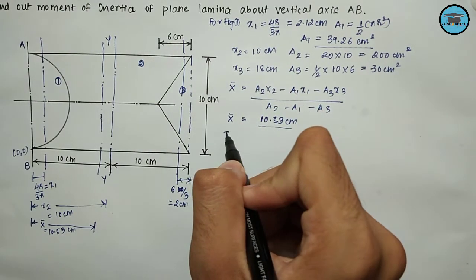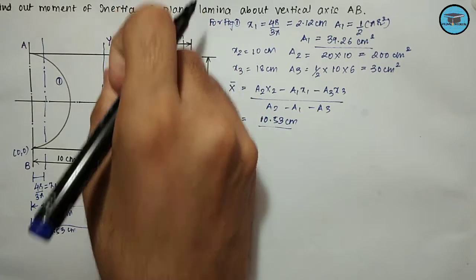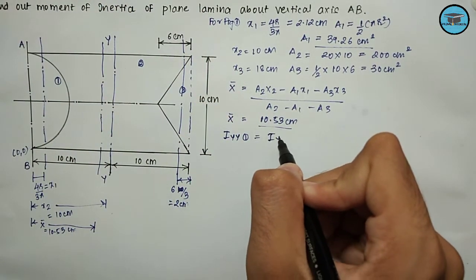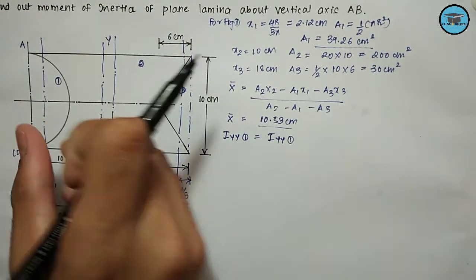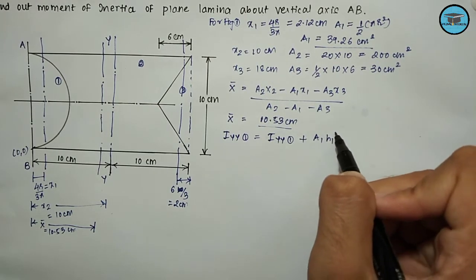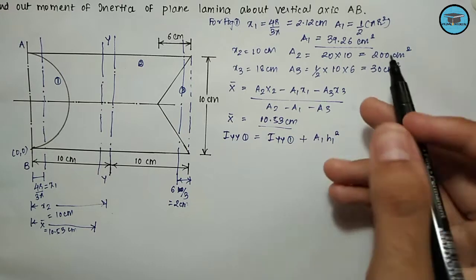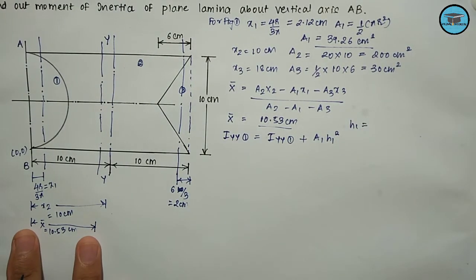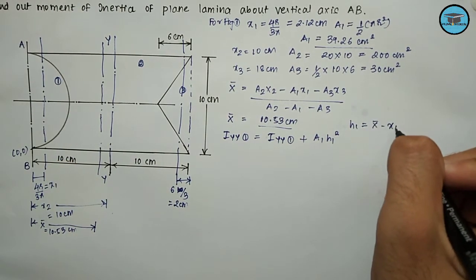So the moment of inertia for the figure 1 about this axis YY can be given as Iyy1, that is the moment of inertia about this local YY axis, plus area into h1 square, where h1 is nothing but the distance between these two axes. So h1 can be given as this much distance, that is x bar minus x1. So h1 is nothing but x bar minus x1.